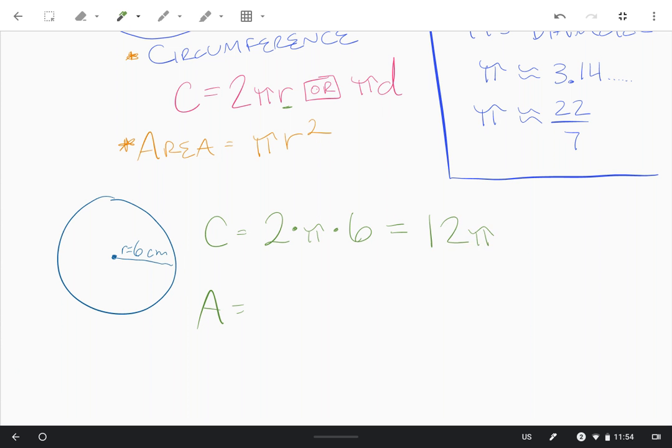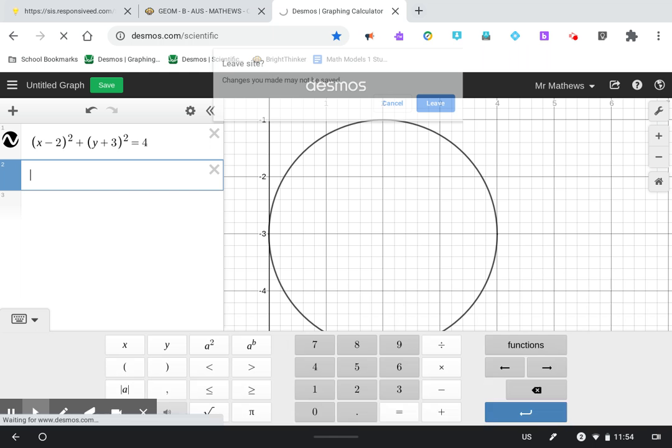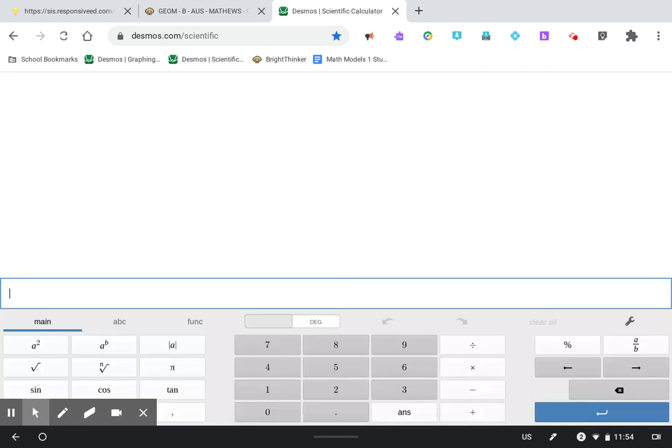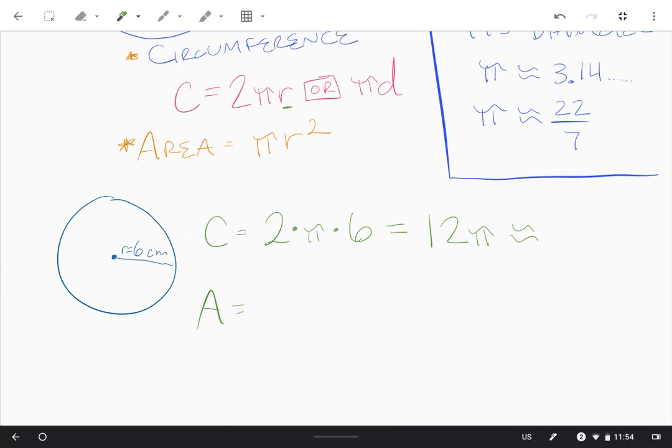Then if you wanted to find an approximate answer, you could go to a calculator and type in 12 times pi, and you get 37.699. That would be an approximate answer.